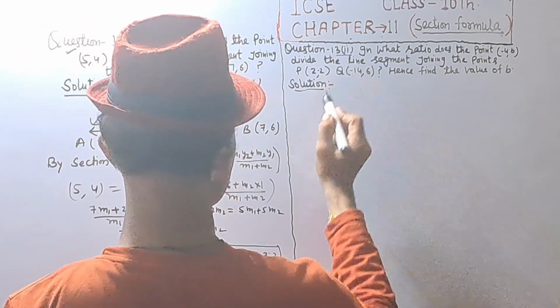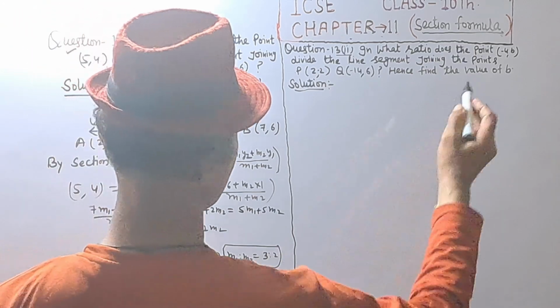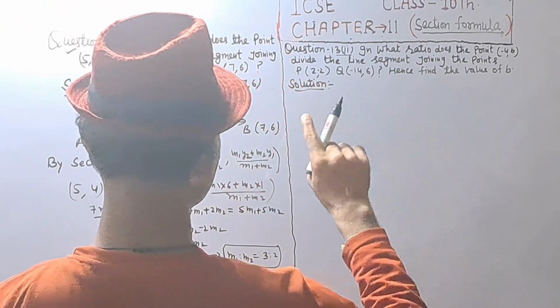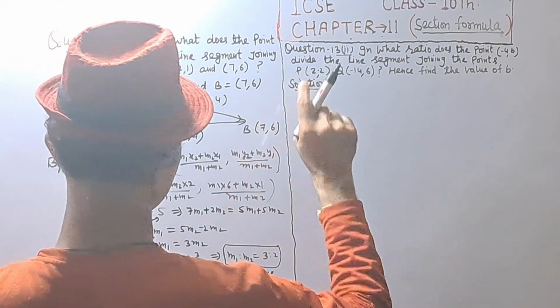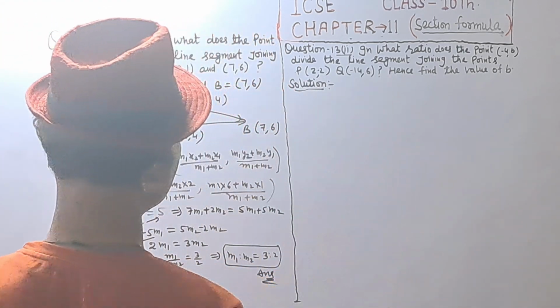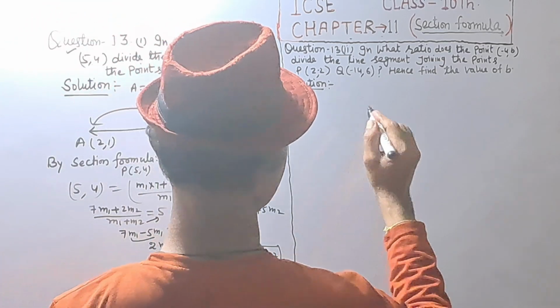And question number 13, second part. In what ratio does the point (-4, b) divide the line segment joining the points P (2, -2) and Q (-14, 6)? Hence find the value of b.